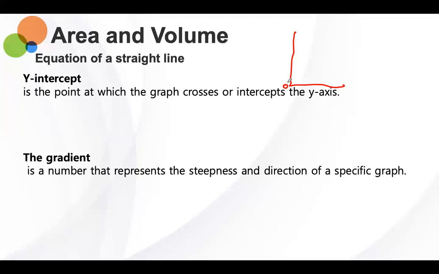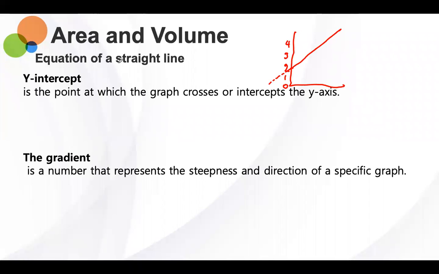All right, so we have 0 here, 1, 2, 3, 4. Now we have a graph looking something like this. What is our y-intercept? Between the 1 and the 2.